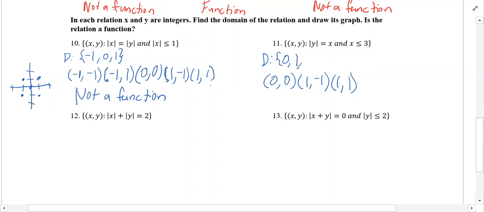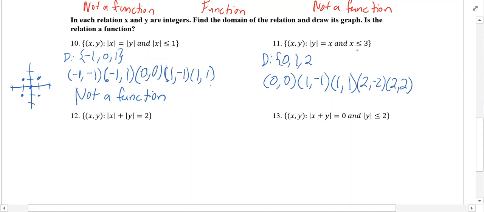All right, so back to my rule here, x is less than or equal to 3. I tried 0, I tried 1, so I can also try 2. 2 is less than or equal to 3. So now when I plug it in here, if x equals 2, then my two possible choices for y would be a negative 2, or I could also get out a positive 2.